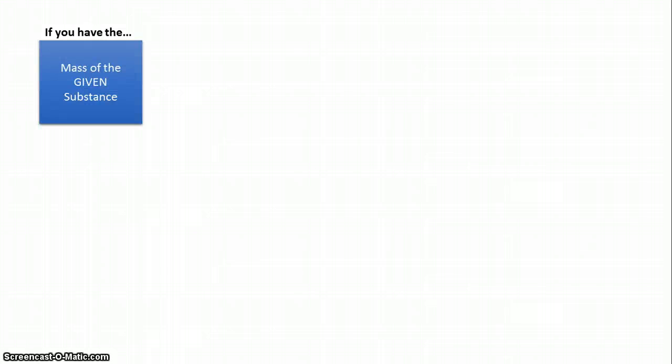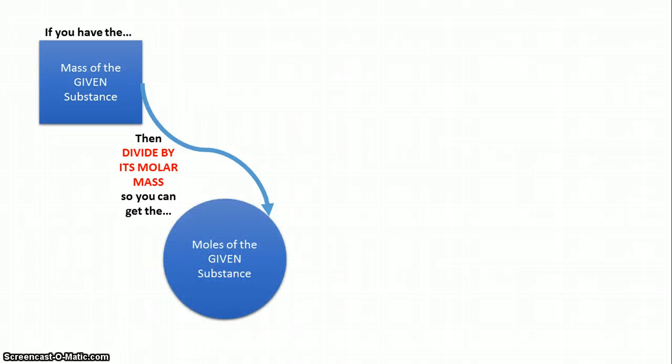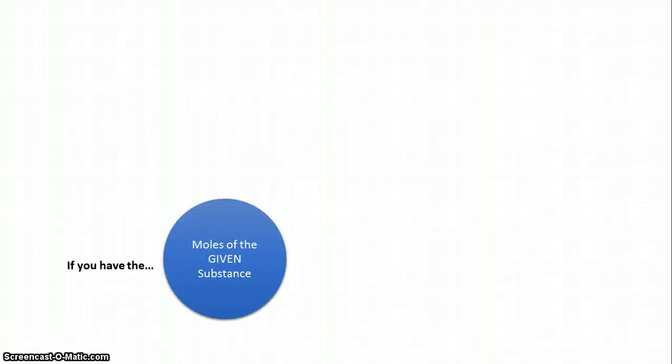So if the given in a stoichiometry problem is the mass, you can use the mass of the given to find the moles of the given, and you do that by dividing by the molar mass of the given compound. What if the problem, when you write down the given, gives you moles instead of grams?